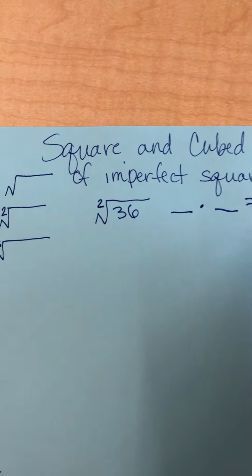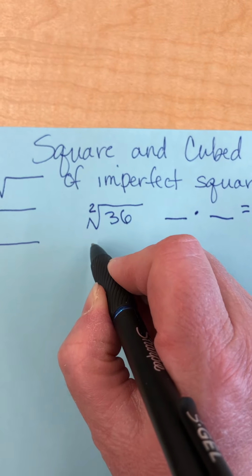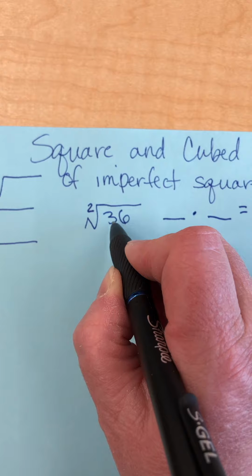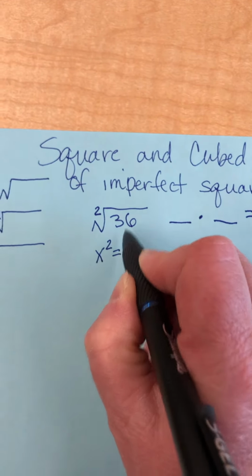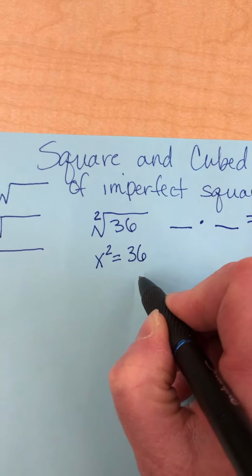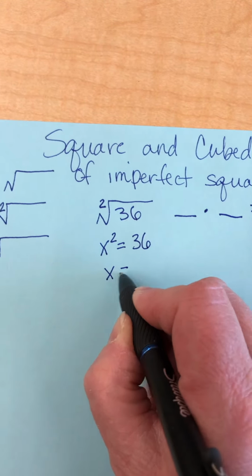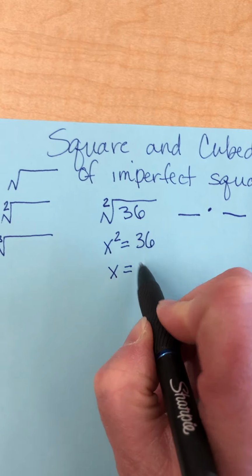Okay, you need to understand for something like this that your equation, which they're going to ask you for in a lot of questions, if I'm looking for the square root of 36, is x squared equals 36. Some number squared is 36. And when I'm getting the square root, I'm going to have an x equals. Okay, so the answer to the square root of 36 is what x equals.